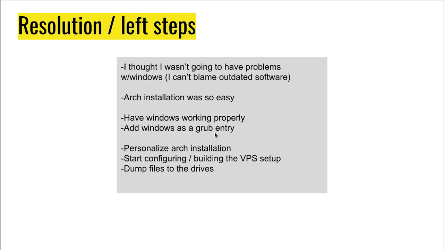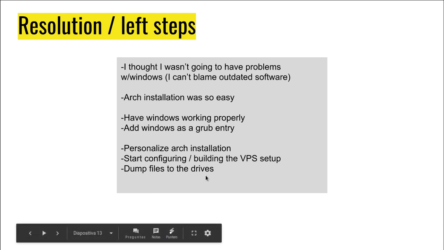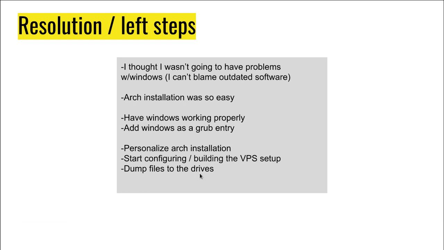So when I have both of the systems running properly, then I'll start the configuration, personalization, installation of the VPSs, and dump my files to the drives, because currently I have only a 1 TB external drive that has all my documents and media and configurations, and I have to do a transfer of those files to my new setup.